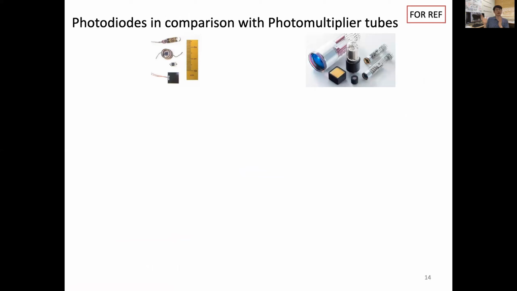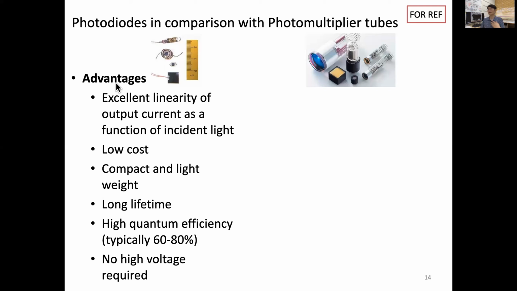Because I introduced PMT and photodiode, I just want to give you a sense of comparison. This is for reference. When do we use photodiode in comparison to photomultiplier tube? Photodiode has the advantage of excellent linearity of output current as a function of incident light intensity. And it is a much lower cost compared to the PMT, which is inside a vacuum tube and very delicate.